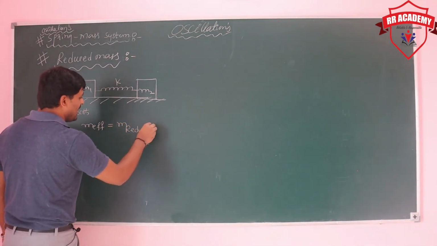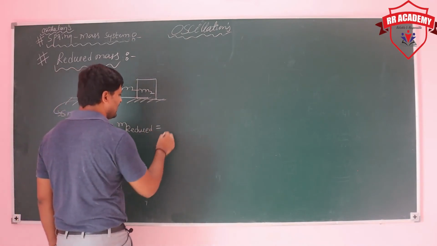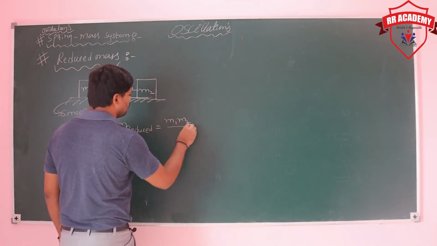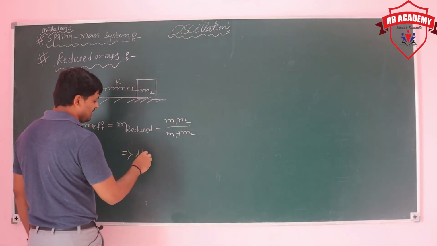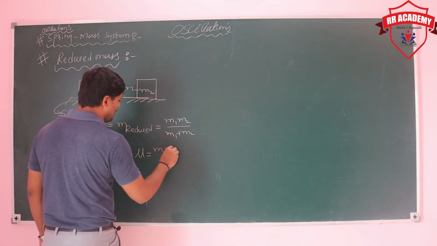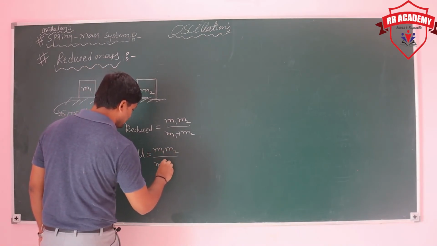The value of the reduced mass we represent with the letter mu, equal to m1 m2 by m1 plus m2.